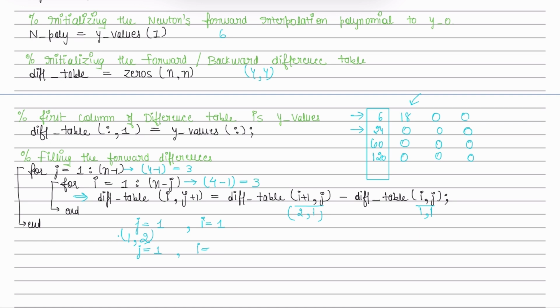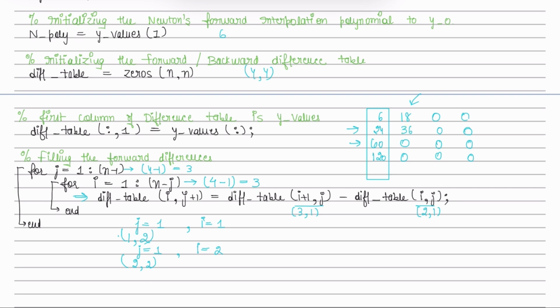Now the value of i is 2, and the difference table at index 2, 2, meaning second row and second column, needs to be updated by taking the difference of the entries at 3, 1 and 2, 1, which is 60 minus 24, and this value will be updated by 36.